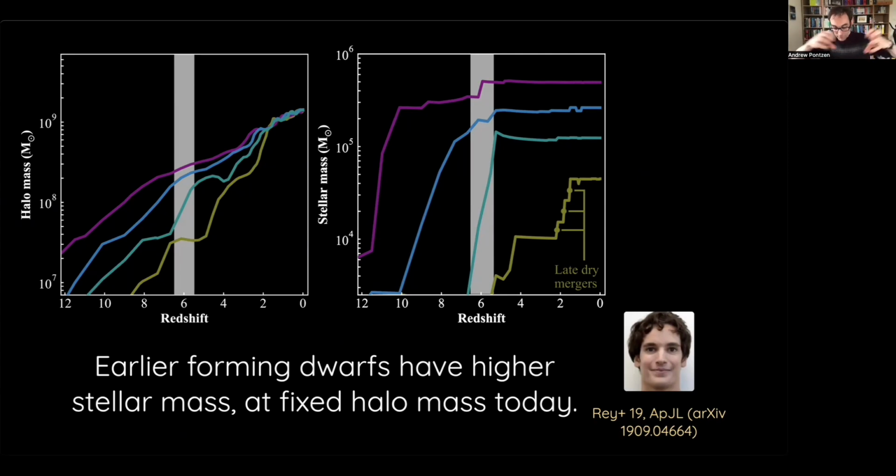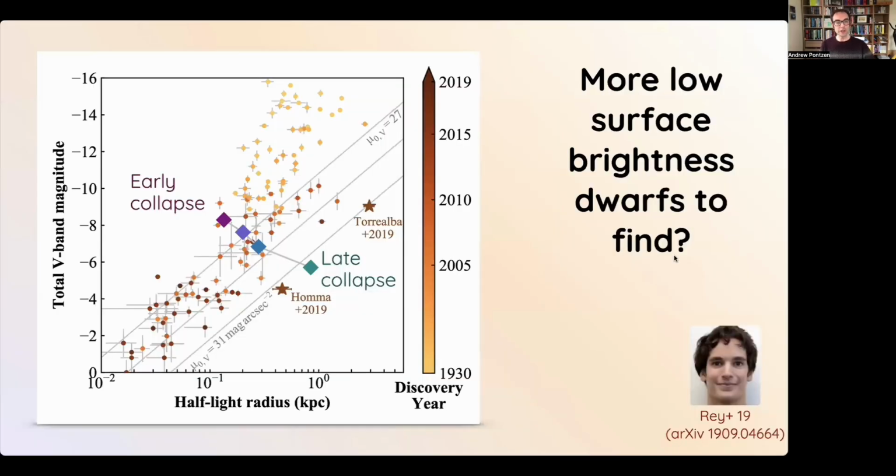So merging together a bunch of systems late on contributes a lot to the overall stellar mass, which means that if you plot this on a brightness versus size plot, not only are those early collapses brighter, lying up here, they're also more concentrated. These late collapsing things are dimmer, but they're also very diffuse because they have built up a lot of their stellar mass through mergers.